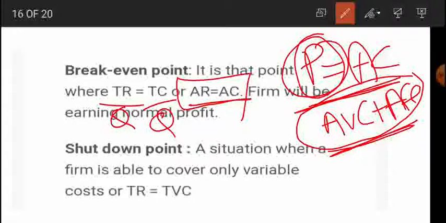Dear students, keep in your mind, normal profit does not mean zero profit. Now, what about the shutdown point? Shutdown point is a point where the firm is capable just to cover its variable cost.